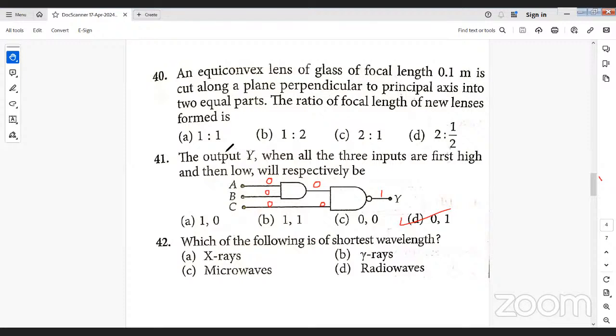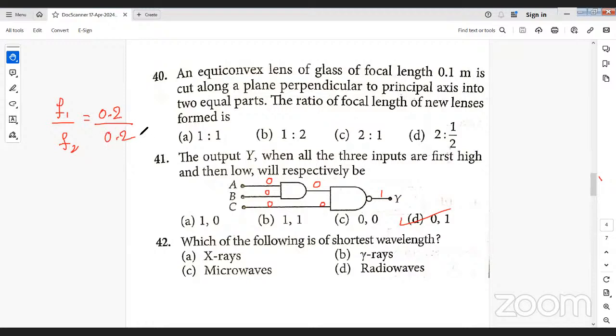Yes, question number 40. Just take the ratios. Simple question. An equiconvex lens of glass of focal length 0.1 meter is cut along a plane perpendicular to the principal axis into 2 equal parts. The ratio of the focal length of the new lenses formed is. The lens is cut into 2 equal parts.